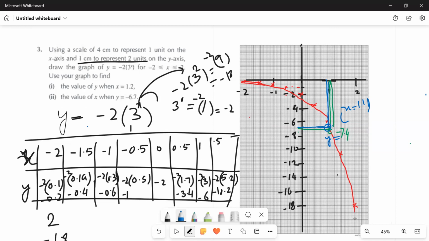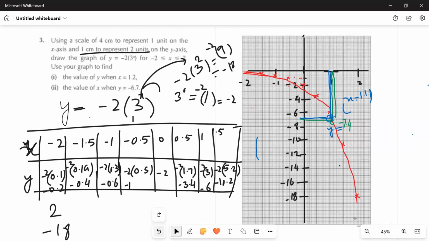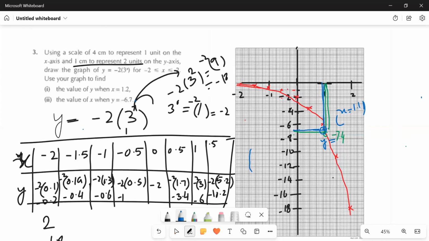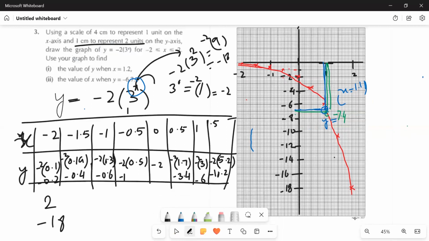Yes, Wail and Fatma, is it clear? This is one way we can find the values, or you can put the values of X one by one in place of X in the function and solve one by one by calculator. Okay, it's up to you. We have two options.